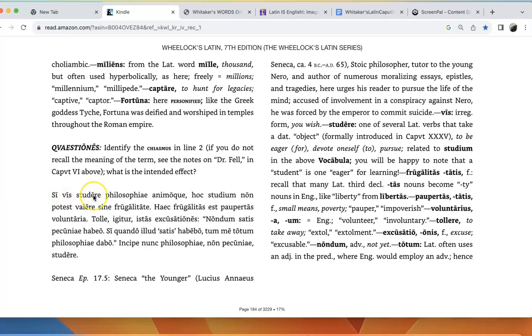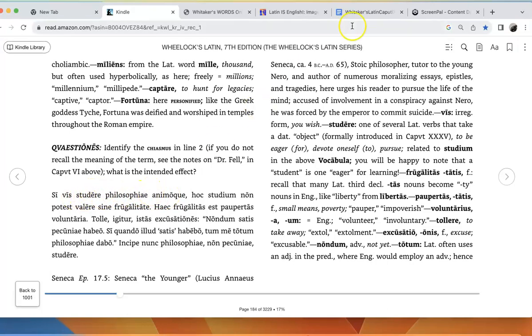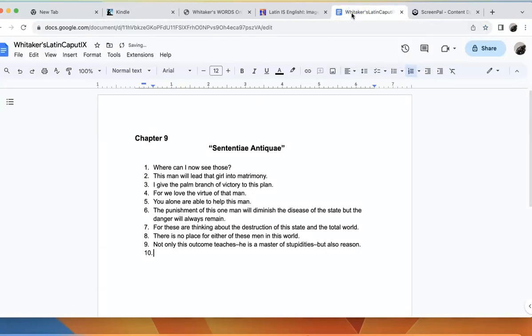So if you want to devote yourself, or if you want to study philosophy and the mind, here we probably have to say yourself. So if you want to devote yourself to philosophy and the life of the mind, literally to the mind. So let's see, what is this titled?